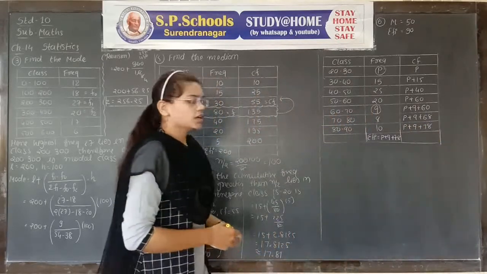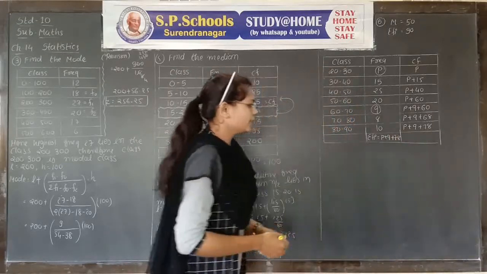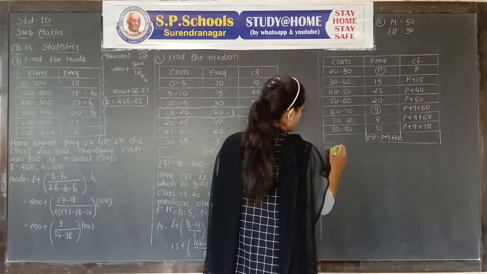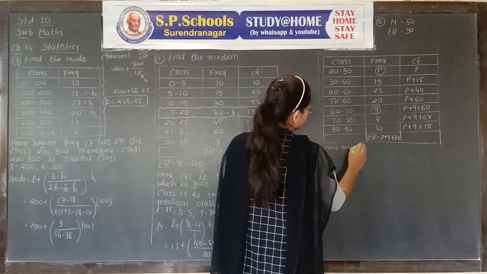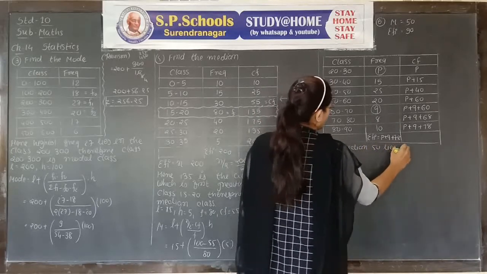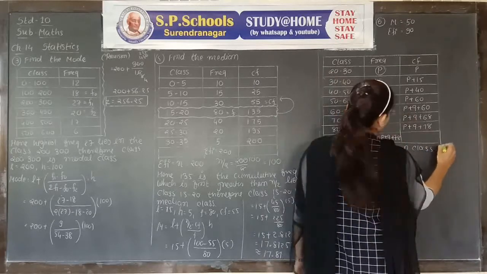Here the cumulative frequency of the last class interval and the sigma fi both are equal. From the median, here median 50 lies in class 50 to 60.